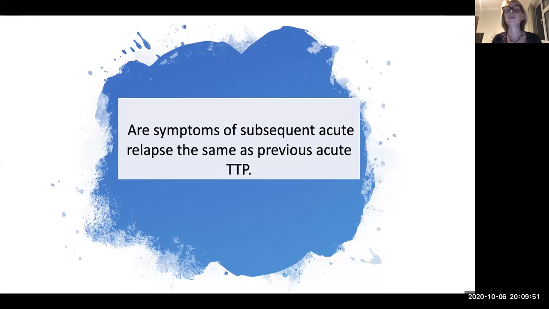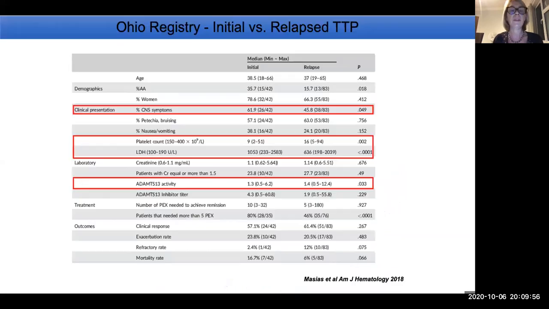Are symptoms of subsequent acute TTP relapse the same as previous acute TTP? Well, I thought I'd show you some work done by my colleagues in Ohio who looked at exactly this question. And I've highlighted the relevant ones for you. So, clinical presentation, having CNS symptoms, so headaches, migraines, are relatively comparable.